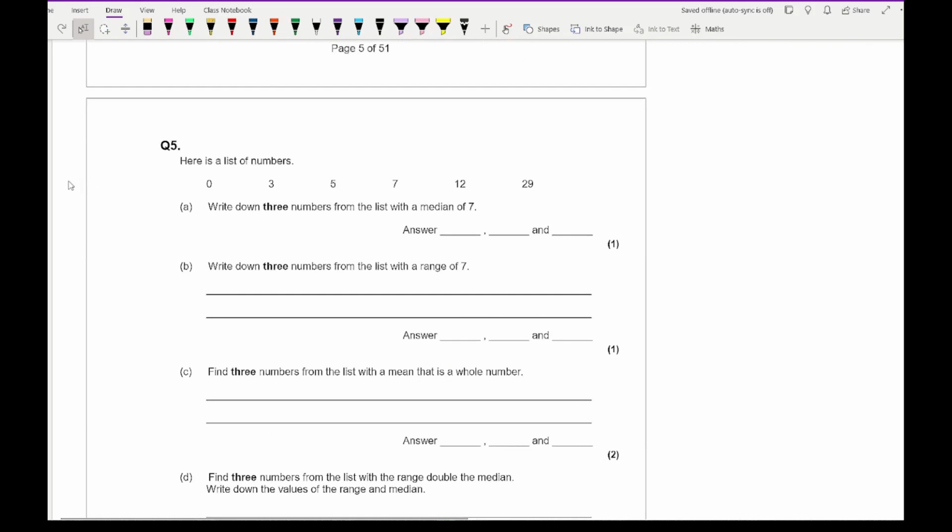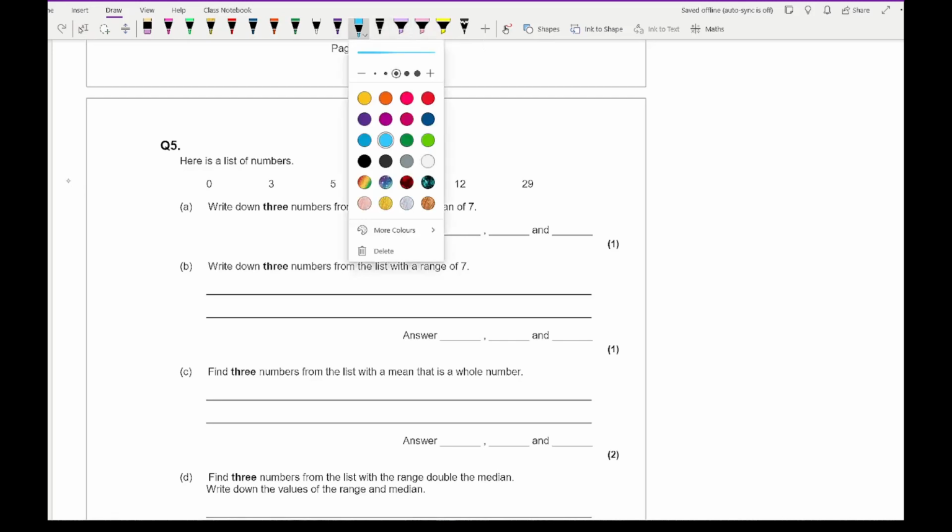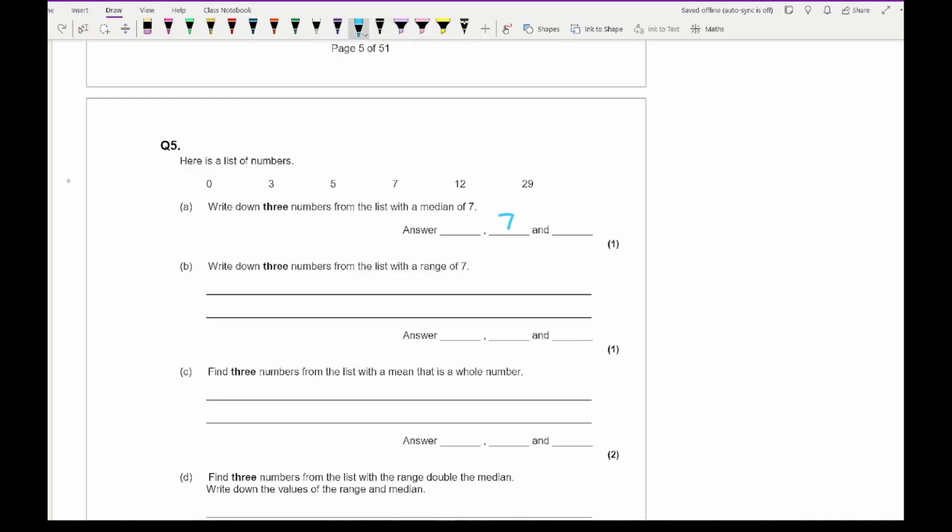Moving on to question 5. So now we're looking at averages and ranges and means. So here it says, here is a list of numbers, and it says write down 3 numbers from the list that has a median of 7. Now the median is the middle number, so that means that this number here must be 7. So for this number I need to pick one of the numbers that's smaller than 7.